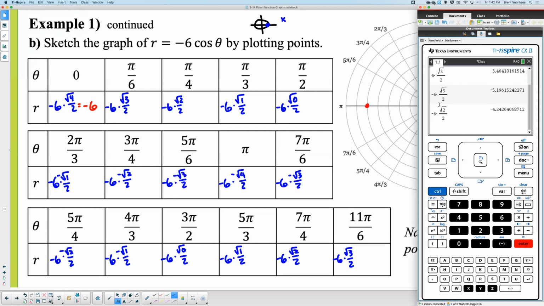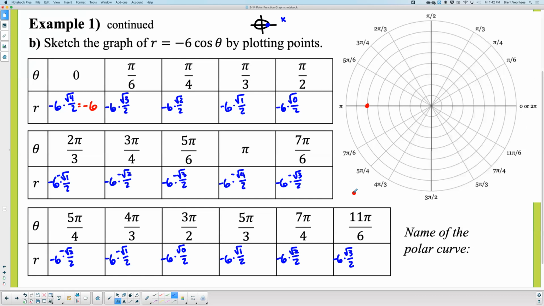So it looks like -6 square root of 3 over 2 is going to be -5.2, and this is about -4.2. Okay, -5.2 and -4.2. That's what I'm going to reduce these to. And the rest will simplify well.